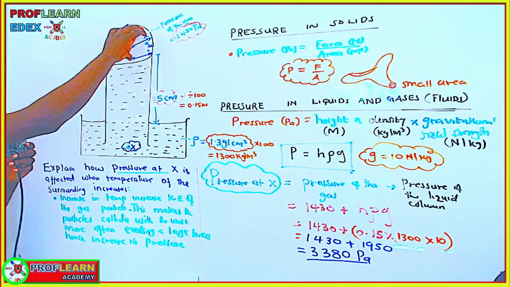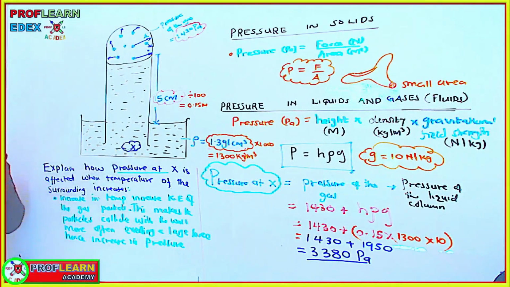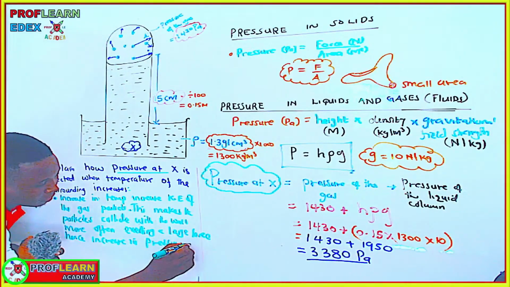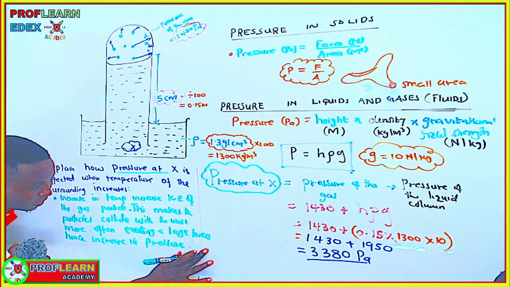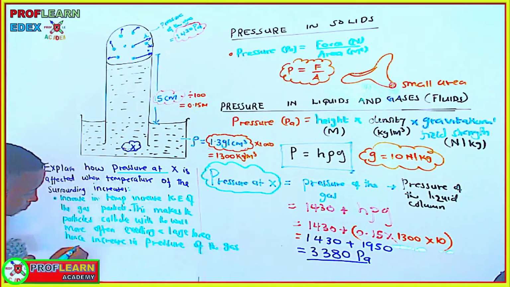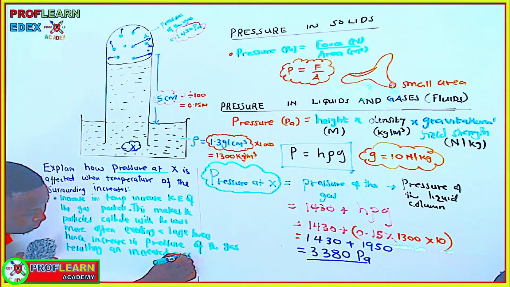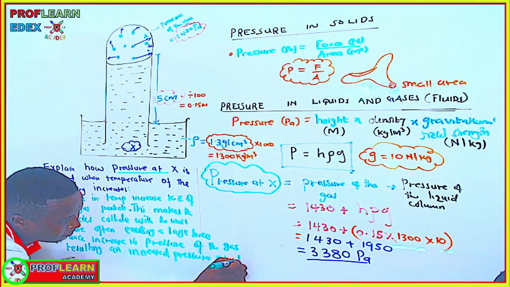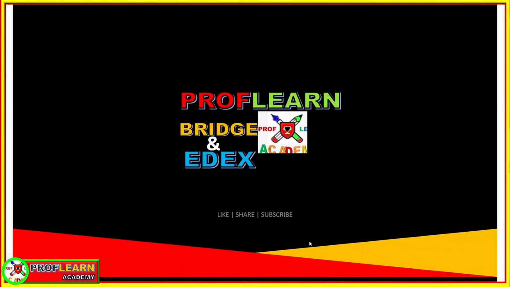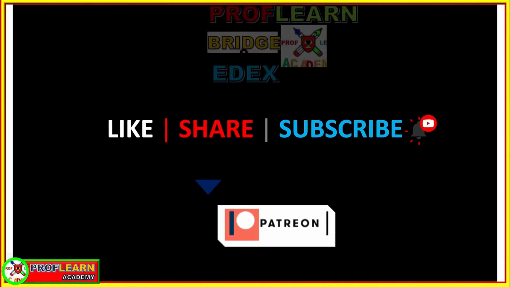Since there is higher pressure at this point, it will press the liquid down, hence the pressure at point X is going to increase. The increase of pressure of the gas results in an increased pressure at point X. So that's basically what you are supposed to do when you are answering such a question.